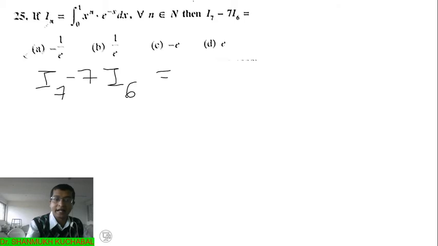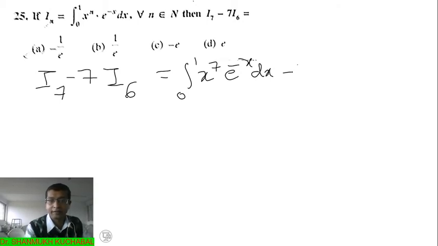So we get the integration from 0 to 1 of x raised to 7 e raised to minus x dx. Further, minus 7 times the integration from 0 to 1, where we replace n by 6, of x raised to 6 e raised to minus x dx.